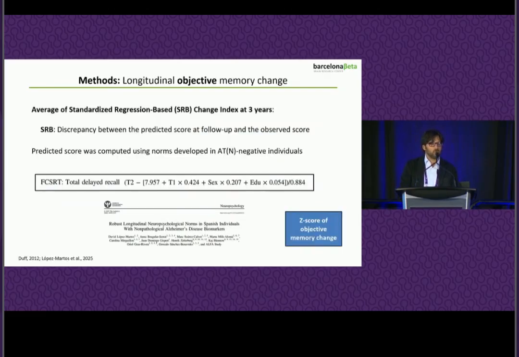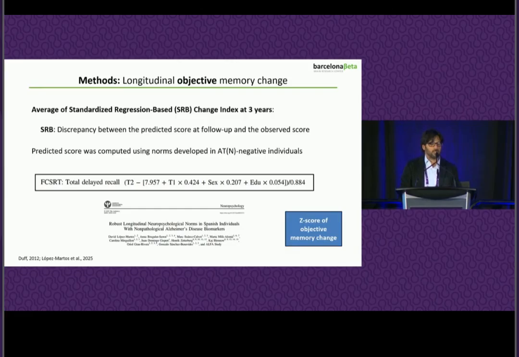And since we are looking at a longitudinal component of memory change, we used a standardized regression-based change index at 3 years, in which an SRB is simply a score that is capturing the discrepancy between the predicted score that the subject should have at follow-up and the actual score that he or she got.